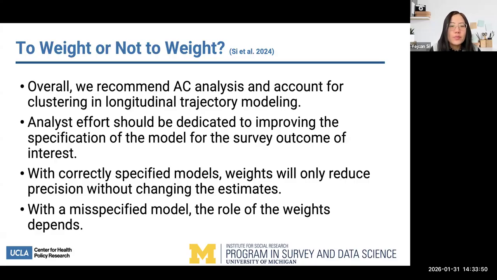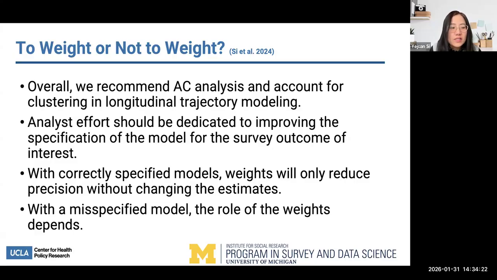Because we have repeated measures of the same participant over time, this clustering is important in longitudinal trajectory modeling to make sure we are appropriately estimating the variance. We should spend more efforts to improve the model specification. So the model specification is very important.